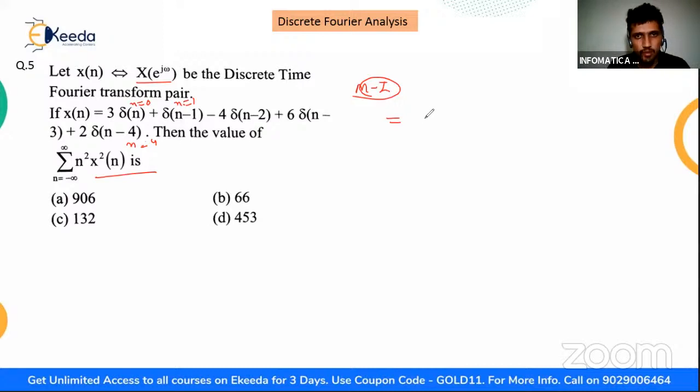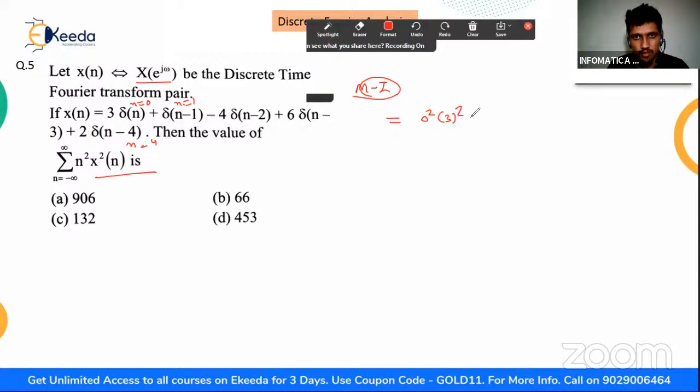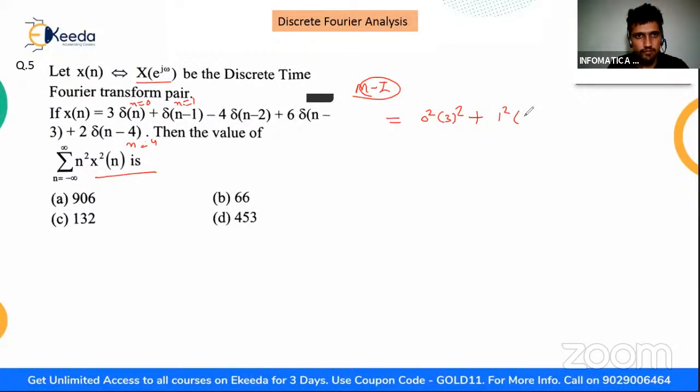So simply we will be doing 0 square multiplied by 3 square plus 1 square multiplied by n square, and the value of x[n] is also 1. Multiplied by 1 square plus 2 square, and the value of that is minus 4 square.